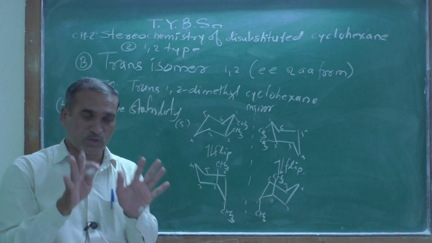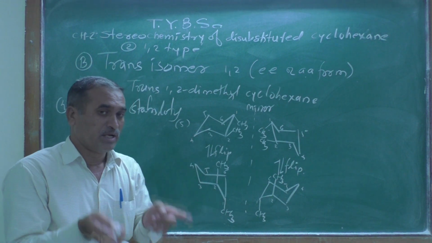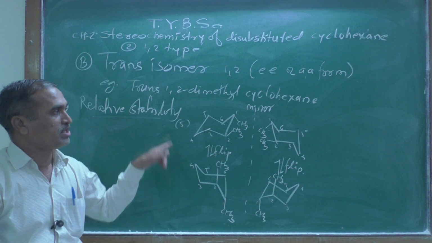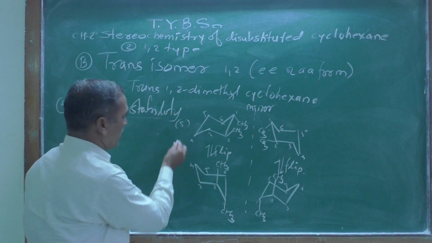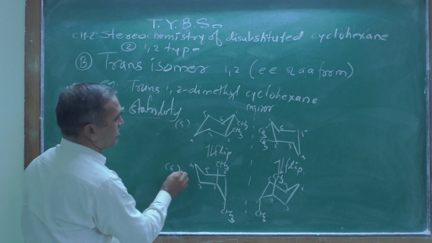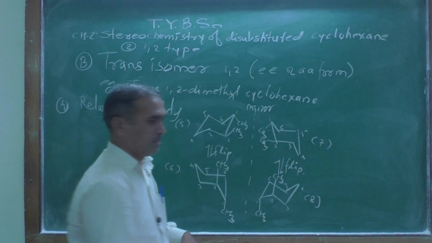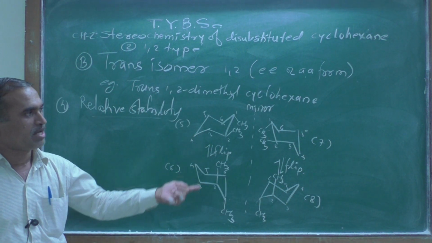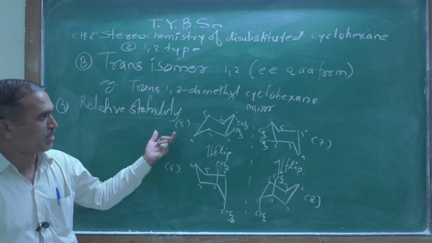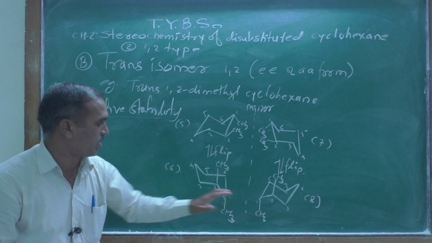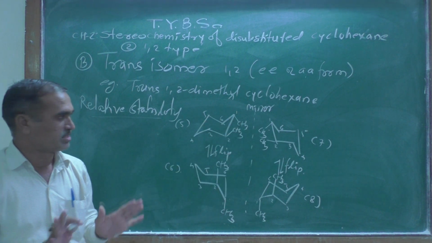Now this, we already learned. Now I am trying to explain the relative stability of those conformers. This is structure number 6, structure number 7, and this is structure number 8. In a previous lecture, we have seen the relationship between 5 and 6, or 5 and 7, or 6 and 8, or 7 and 8, all these things, right?